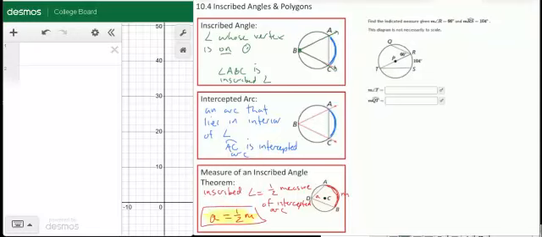And there's a second perspective for this that is the same relationship, but here if you're taking your intercepted arc, the intercepted arc is going to be double the measure of its inscribed angle.